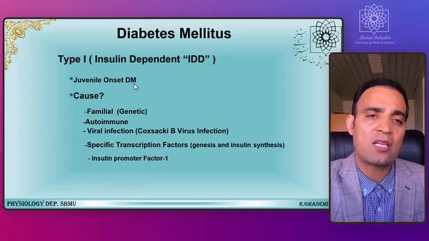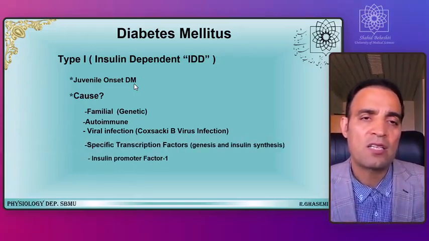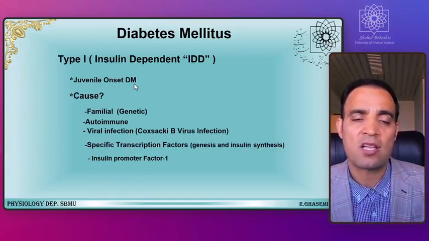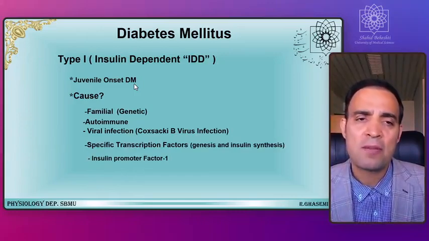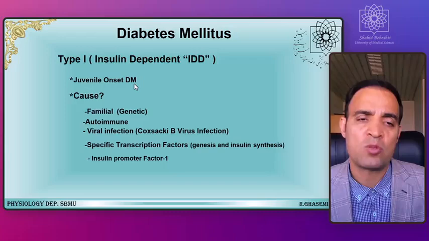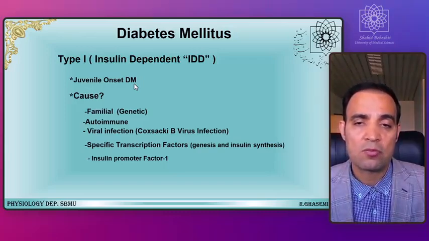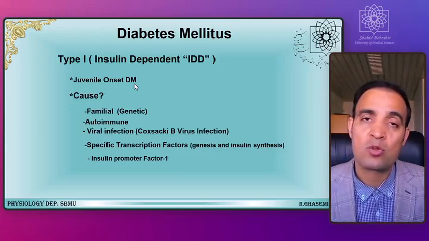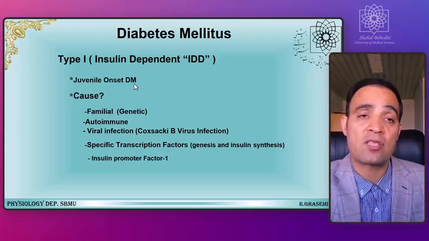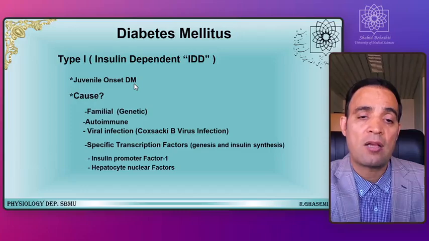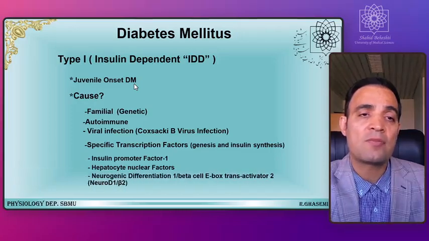About the causes, I can say that type 1 diabetes, that is juvenile onset diabetes, mainly is familial. Sometimes it is an autoimmune disease, sometimes a viral infection, and mutation in the genes may cause such a problem.